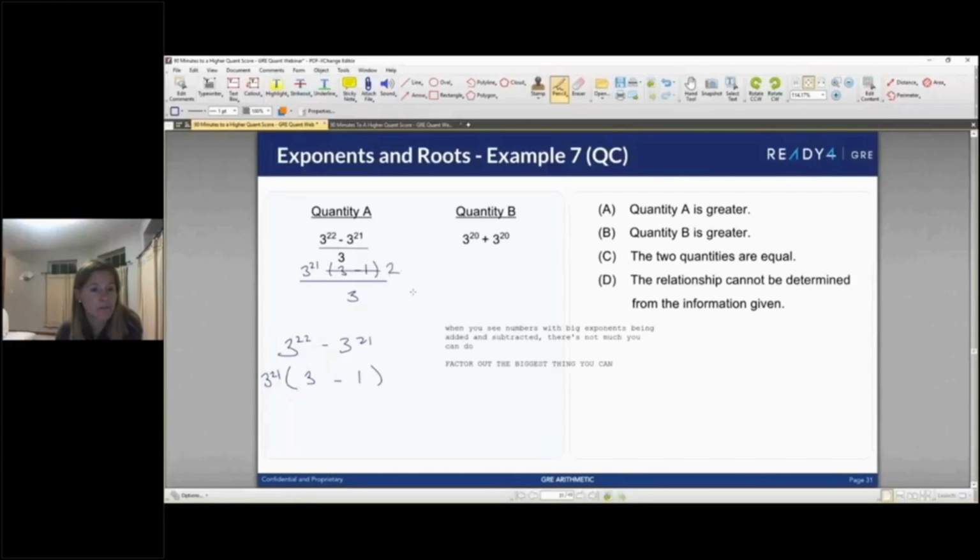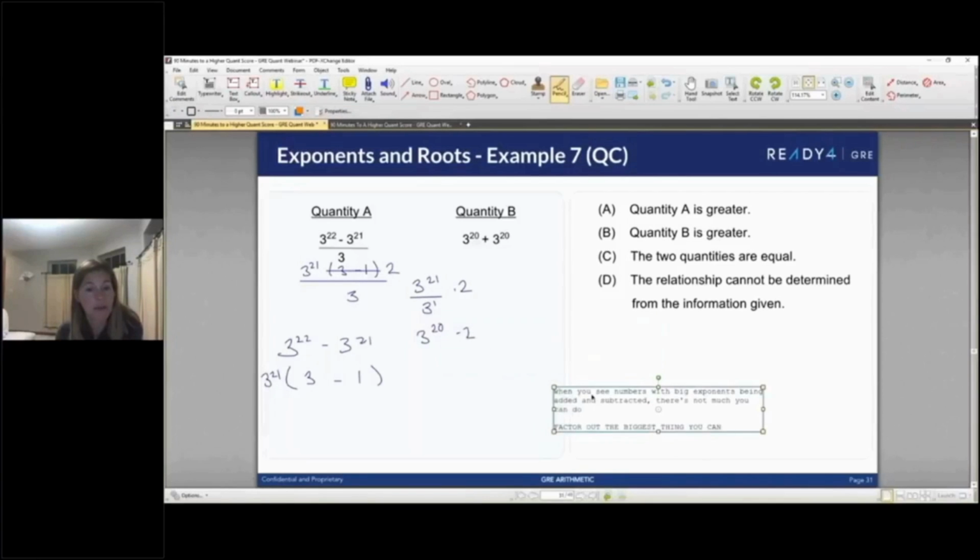So now we've got 3 to the 21st divided by 3, times 2. We can simplify this, right? 3 to the 21st divided by 3 is the same as 3 to the 21st over 3 to the 1st. When we have two numbers with the same base that we're dividing, we can subtract the exponents. So this becomes 3 to the 20th times 2.